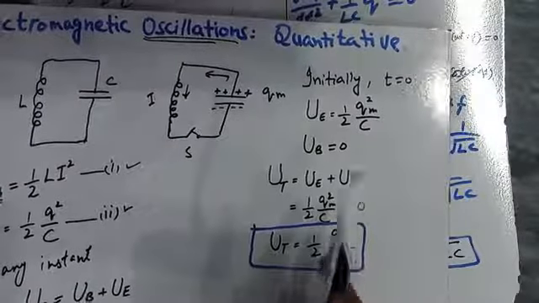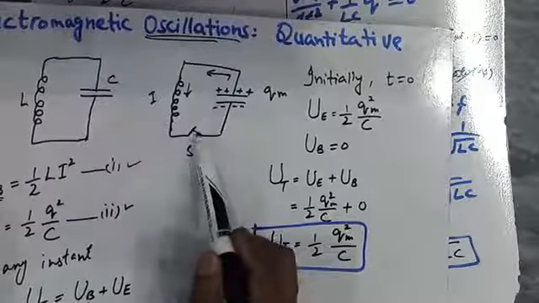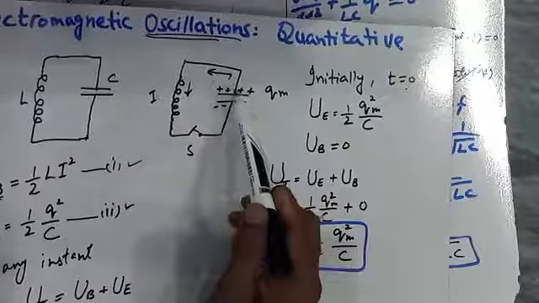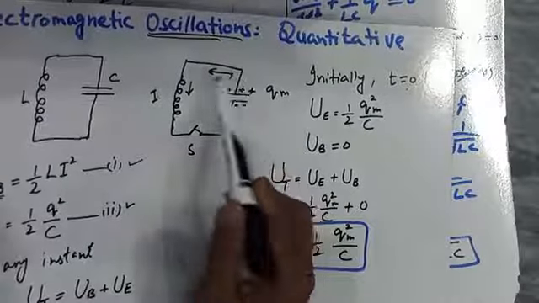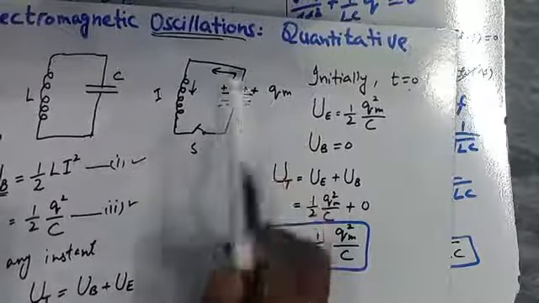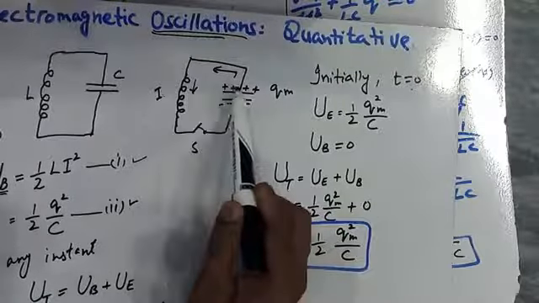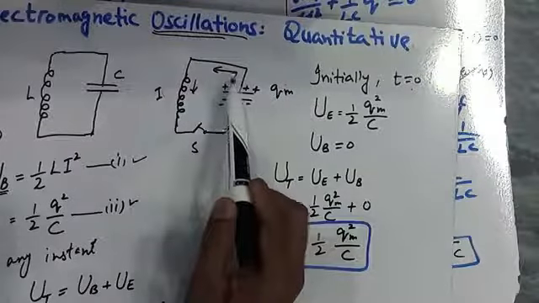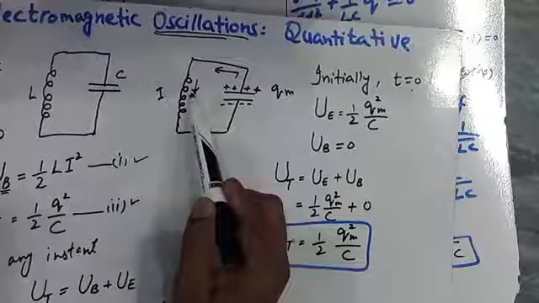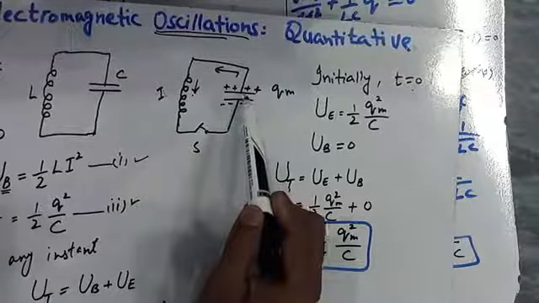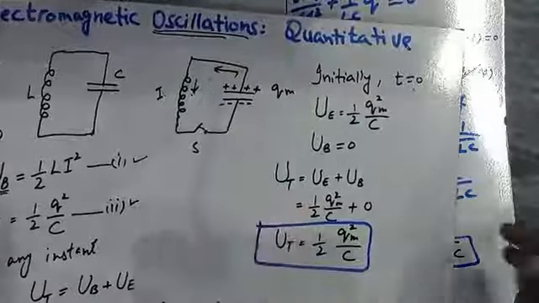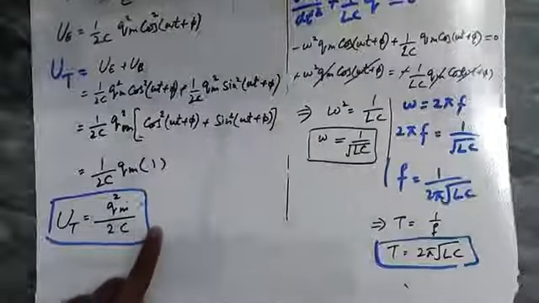After some time, when we close this switch, the capacitor gets discharged, current flows, and the total energy becomes partly energy of the inductor and partly energy of the capacitor. So total energy at any instant is given by this equation.